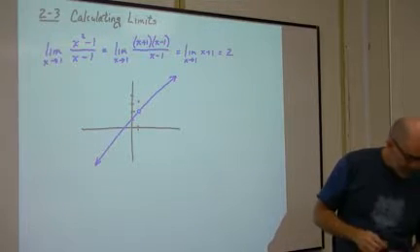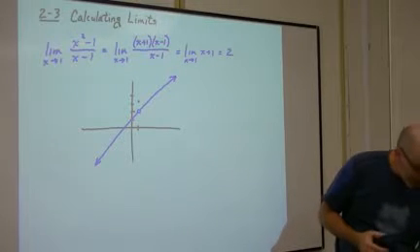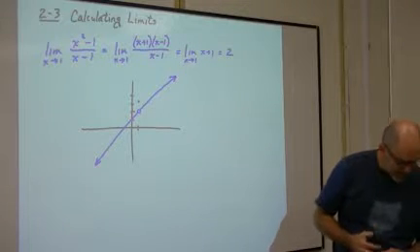Okay, cruising onward. Example 5, limit as h approaches 0 of (3 plus h) quantity squared minus 9 over h.